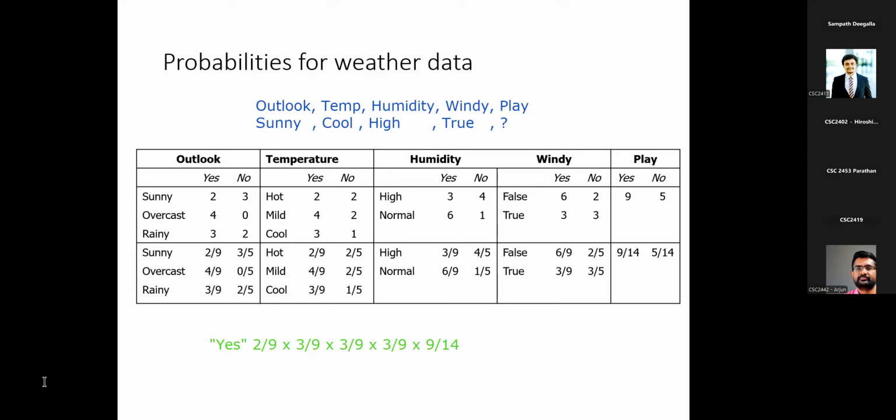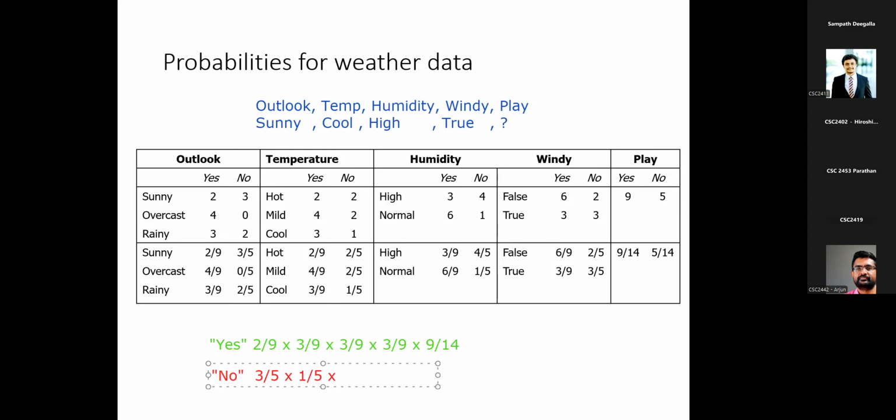Similar to that, we can work out for no as well. So what is no? When outlook is sunny, it's 3 out of 5. Then temperature is cool, 1 out of 5.